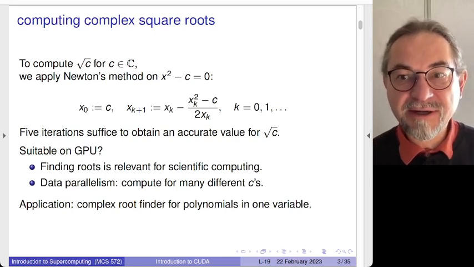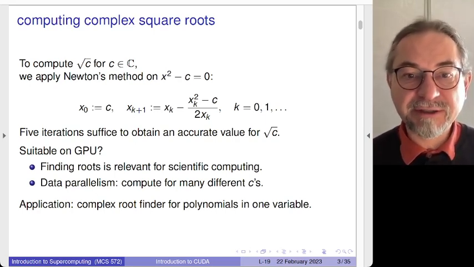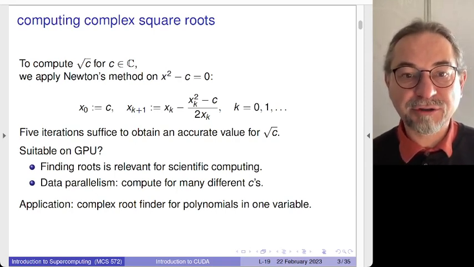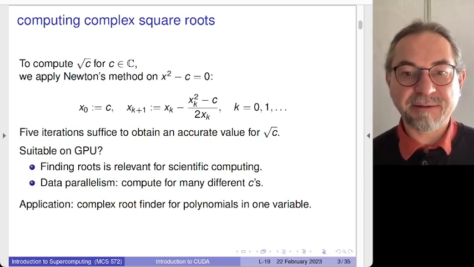So it is relevant for scientific computing. It's also relevant to illustrate the data parallelism. It's very straightforward, one-dimensional. Every thread will do the same function, but then on different data.